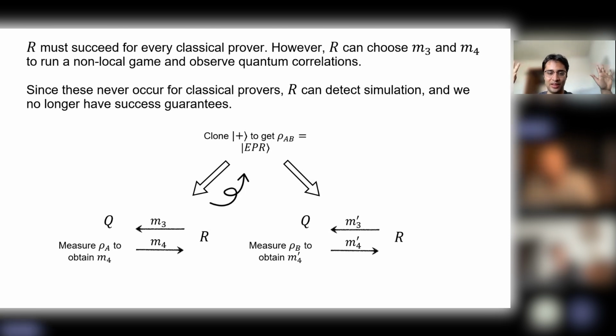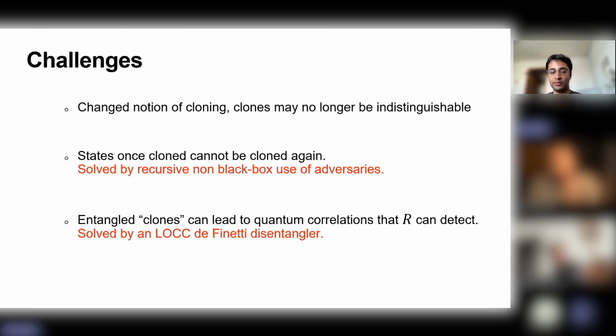I've not been very clear here. But quantum correlations are a big problem because quantum correlations can prove that you're not running a separate classical adversary every time. You are just running some Q on an entangled system. It can be used to detect this kind of entanglement, which never arises in the classical case. And this is where we need the LOCC disentangler.